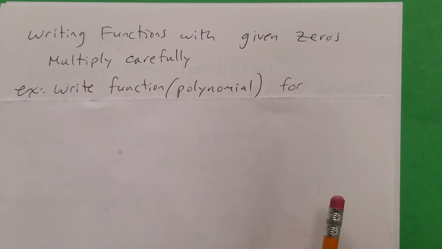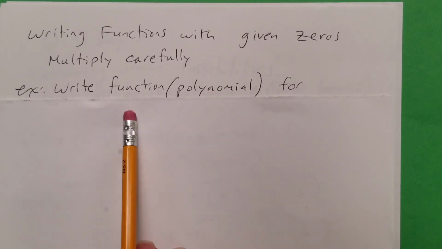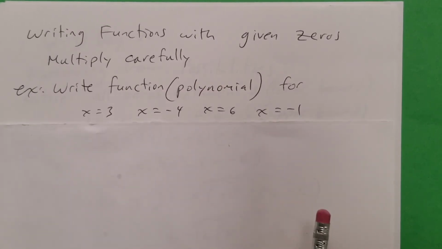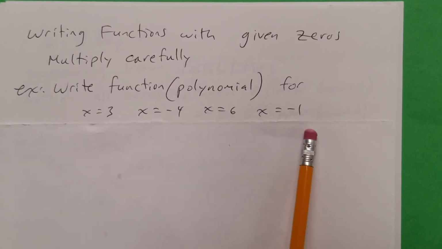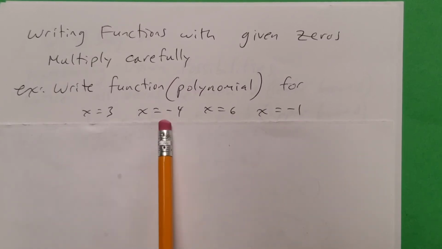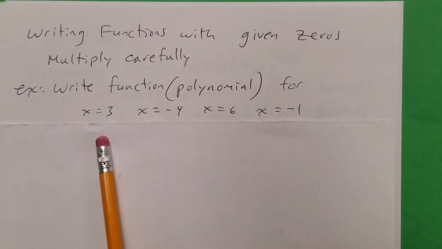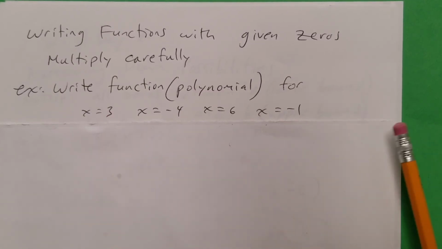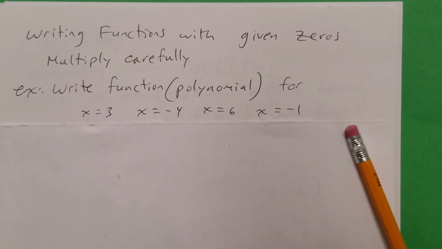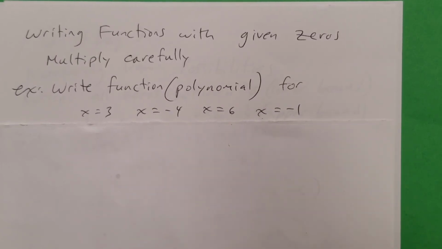So the example is you're going to write the function, the polynomial, for these zeros, right? If x equals 3, x equals negative 4, x equals 6, x equals negative 1. So there's some graph out there that has these x-intercepts. What would be the polynomial that has those x-intercepts, right?